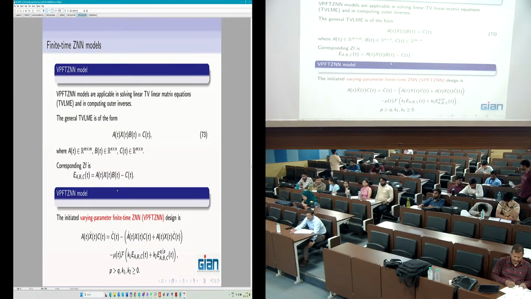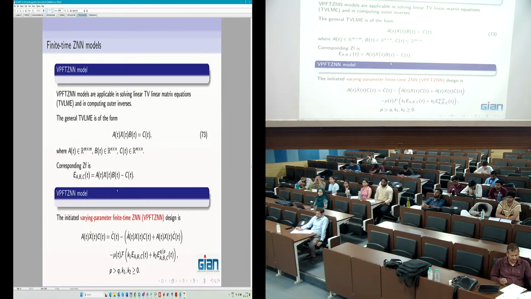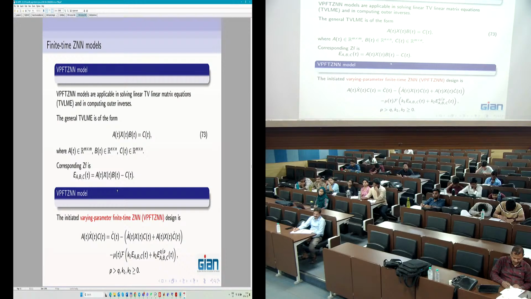Why is it the case? E of t equals a of t, x of t, b of t, equal dot of t is in all cases independently of ZNN model, which is x of t, b of t, plus a of t, x, a of t, x of t, b dot of t, minus c dot of t.